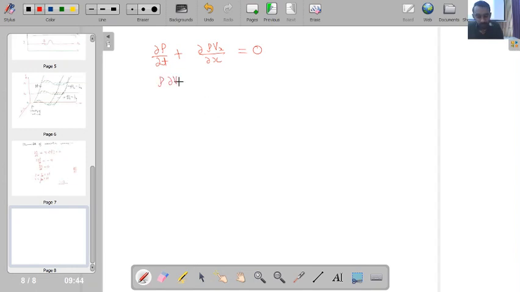And my momentum equation will become rho del Vx by del t plus, what else will I get? Please tell me.